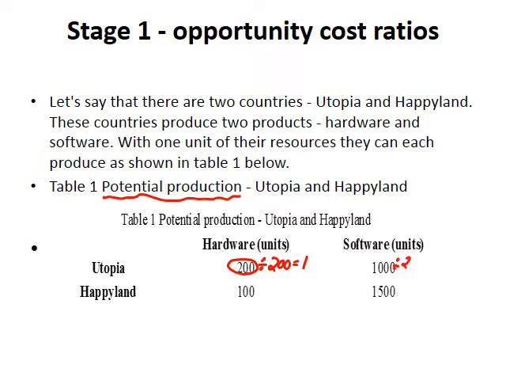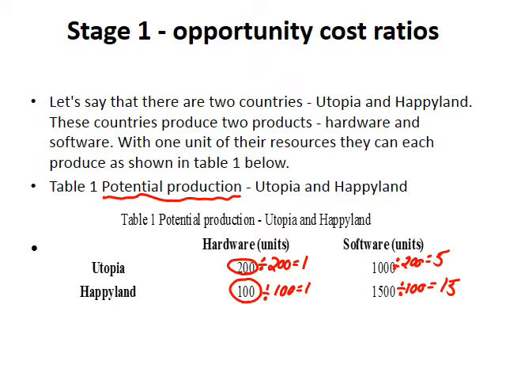So divided by 200, and I get 5. Let's go through the same process for Happy Land. We're interested in the opportunity cost for 1 unit of hardware. So here we'll have to divide 100 by 100 to get 1. And then we'll have to divide the 1,500 by 100 as well, since they're ratios, and we'll get 15.